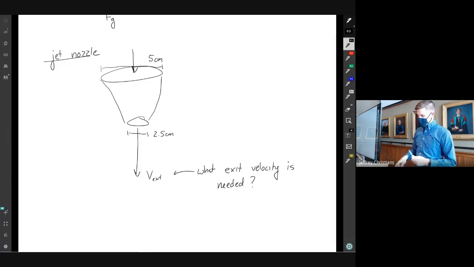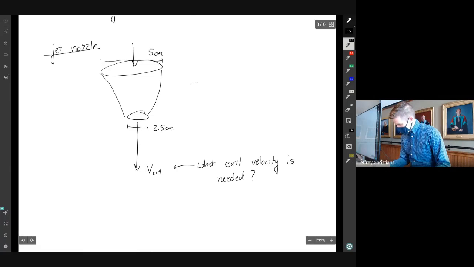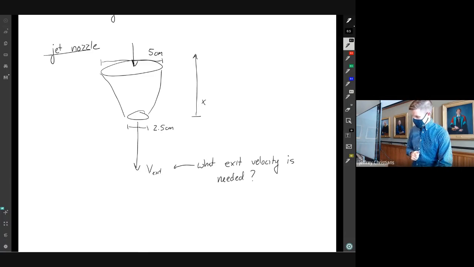Okay, so the basic equation that we're going to be using, again, we'll put our axes on this. So we have this as our x-axis.